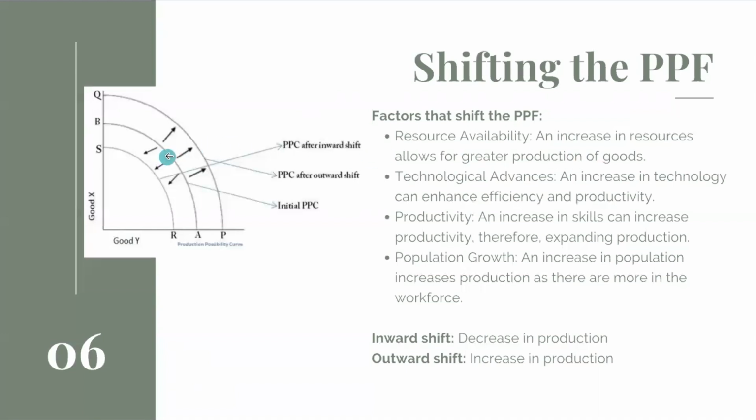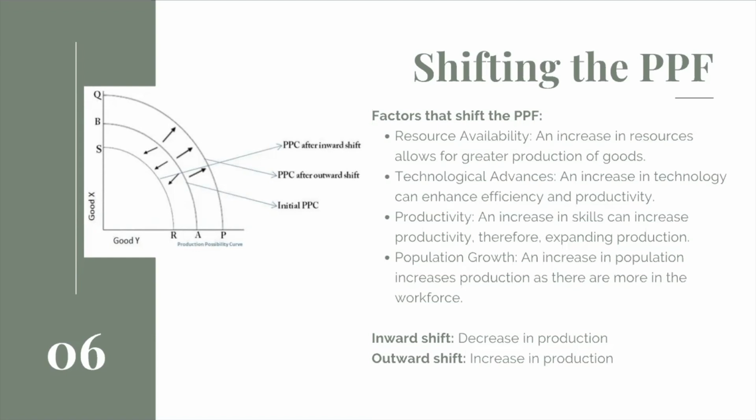So an increase in resources would shift the PPF outward, so it would go from this A line right here to the P right here. However, if it was a decrease in resources, it would go from A to R, so it would shift inward. So it just depends on if the factor increased or decreased, and that's how you would shift the PPF.